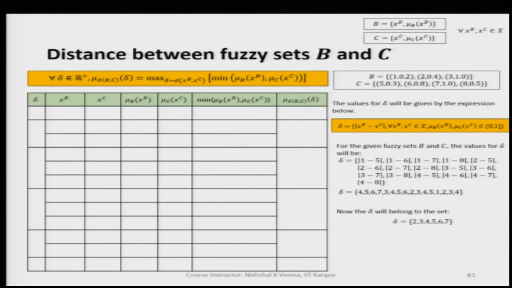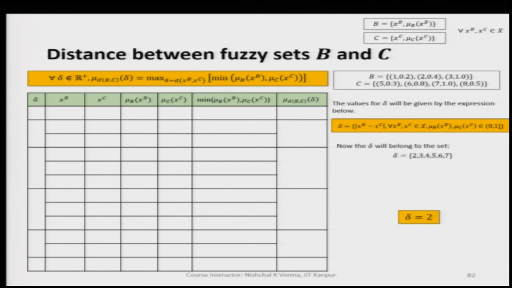When we move ahead, we find that for delta equal to 2, a difference of 2 can easily be created from the entries given in the fuzzy sets B and C. So 2, 3, 4, 5, 6, 7, all these delta values are possible. We will see how we are getting these differences.